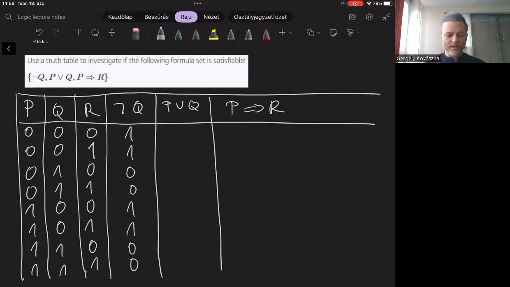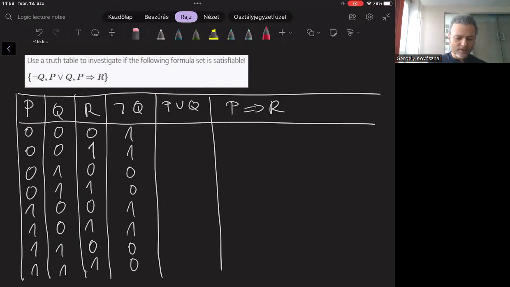Now we can keep going with the second formula, but we can do it in a smart way because, as you know, the goal of this exercise now is to find an interpretation which makes all the 3 formulas 1, 1, 1 at the same time.